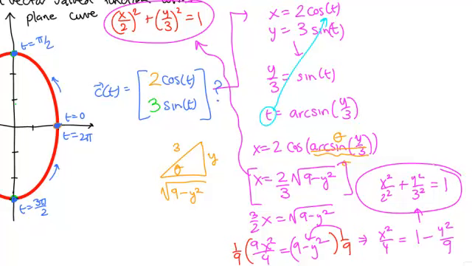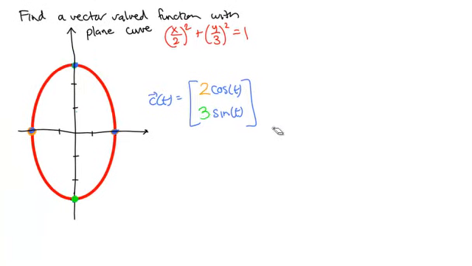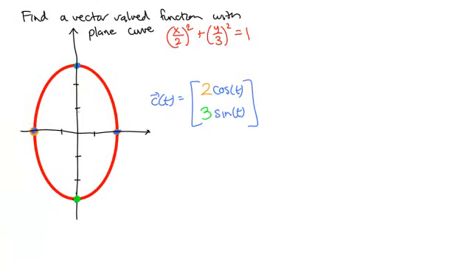However, it's not the only one that does. You might instead say, well, since sine and cosine both wobble back and forth, why don't we swap them? Why don't we make this 2 times the sine of t and 3 times the cosine of t? Would that work? Well, we could do a first test by simply plotting points. At t equals 0, we're going to get this top point right here.